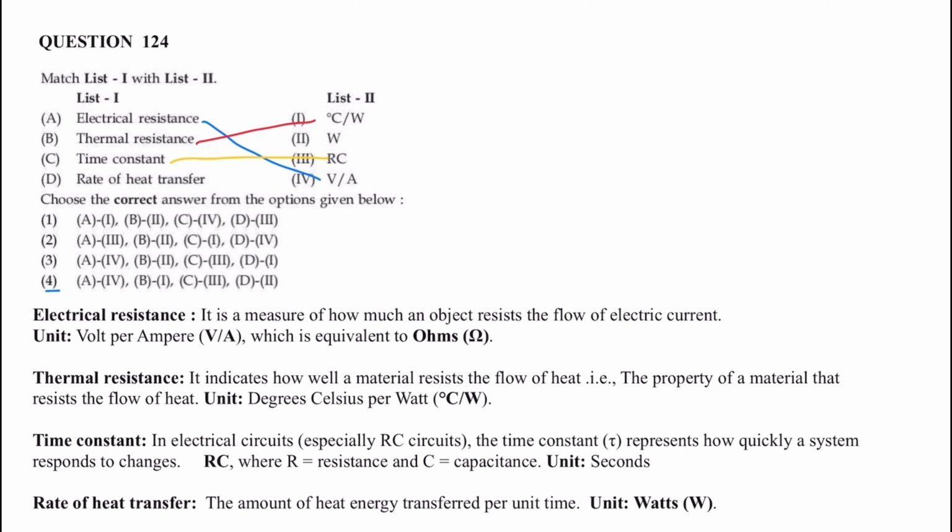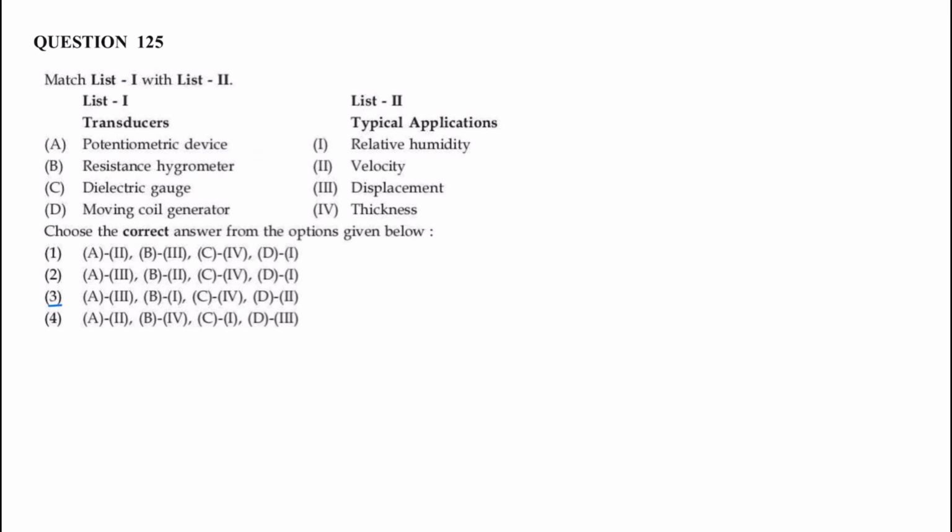Next, rate of heat transfer is watt. The amount of heat energy transferred per unit time, that is watt. Correct answer is A4, B1, C3, D2. Option 1. Question number 125.